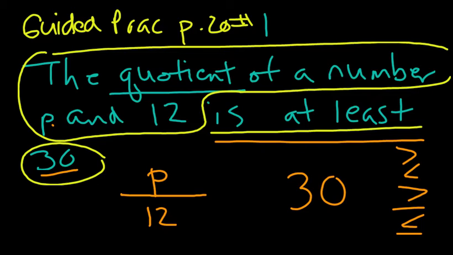So that means it has to be bigger than or equal to 30. That's greater than or equal to. This answer could be 30, or it could be 31, or it could be 30.1, or it could be 30 and a half, but it has to be either 30 or something bigger. So, this inequality that you wrote, p over 12 is greater than or equal to 30, is the answer to that question.